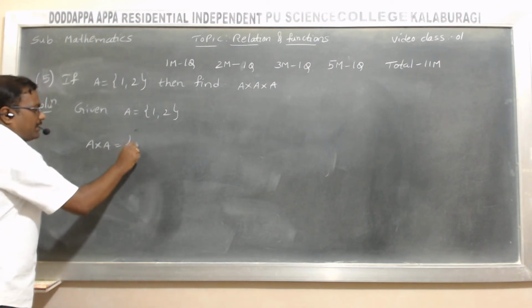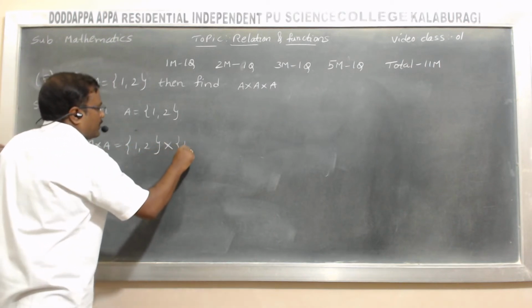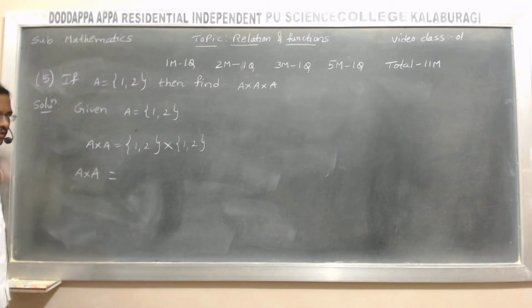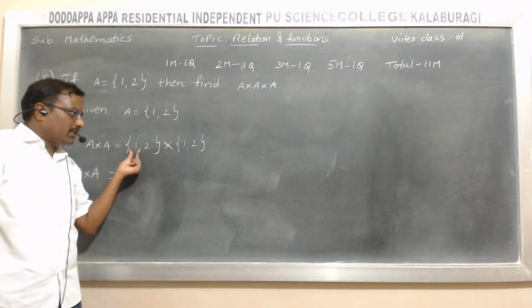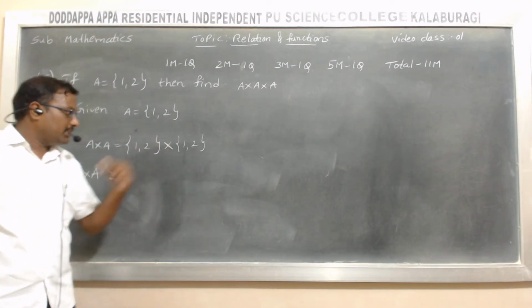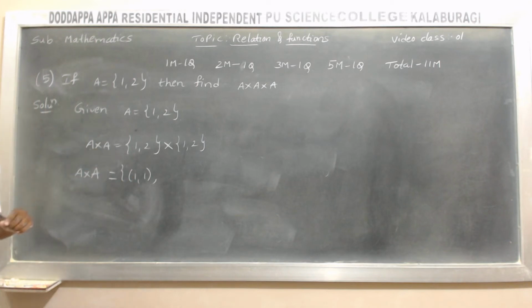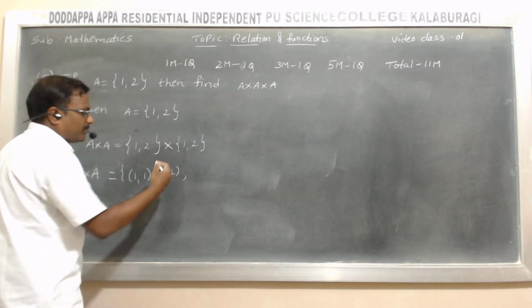So A value is given {1, 2} cross, again A value is taken {1, 2}. Now you can find out A cross A. So here first element 1 is given, here first element 1 is given. So you can find out (1,1). Similarly first element, second element, we get (1,2).